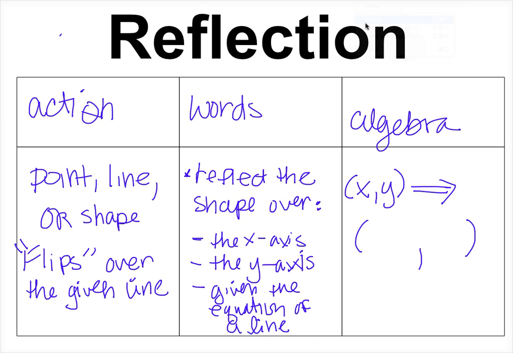Don't write -y. I'm going to write this: opposite of y. If we reflect on the y-axis, x, y becomes opposite of x, comma, y stays the same. Okay, so get that copied.